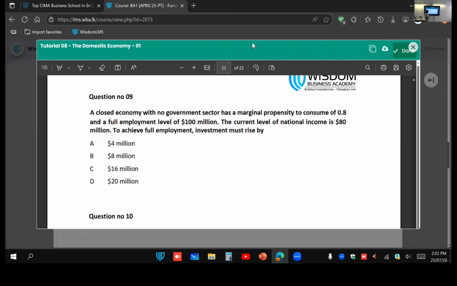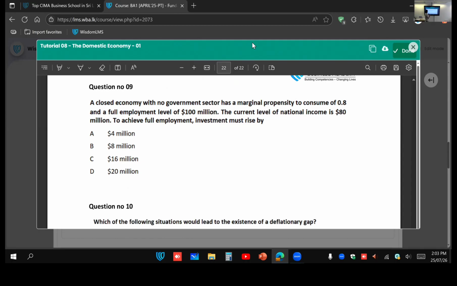So here the question is saying a closed economy with no government sector. We understood about two linkages: first one was the accelerator, second one was the multiplier. They are asking, full employment level is 100 million, and if it's currently 80 million, what should be the change?